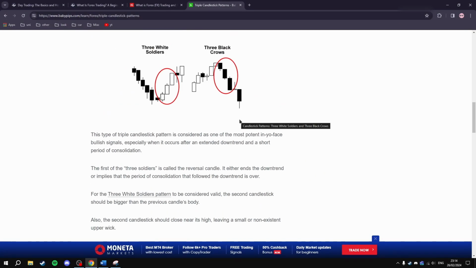This type of triple candlestick pattern is considered one of the most potent in-your-face bullish signals, especially when it occurs after an extended downtrend and a short period of consolidation.